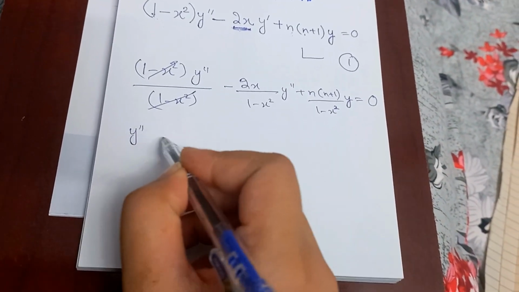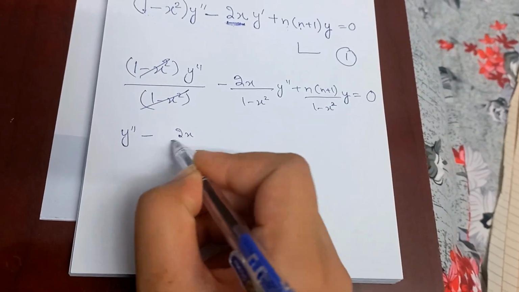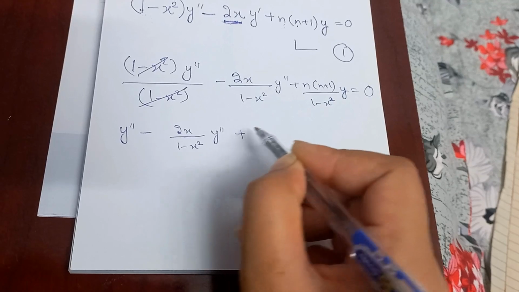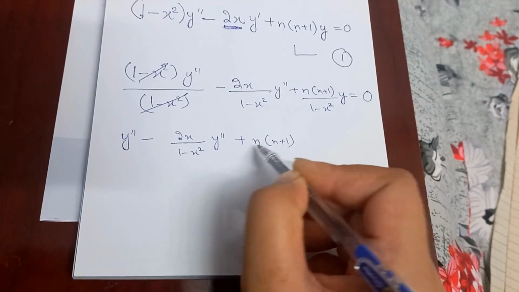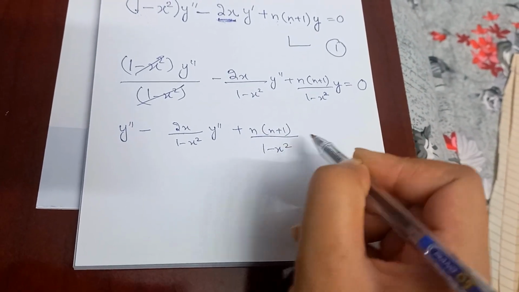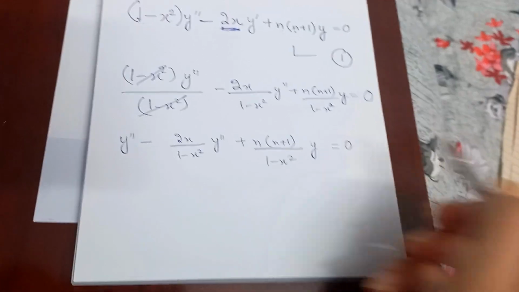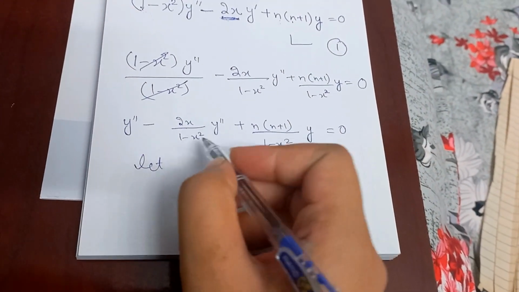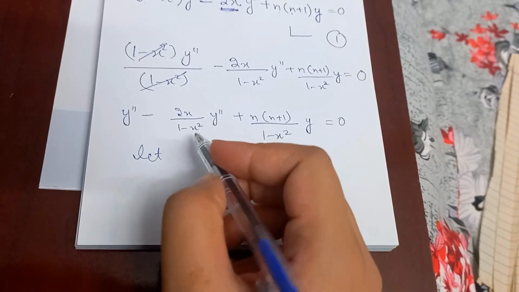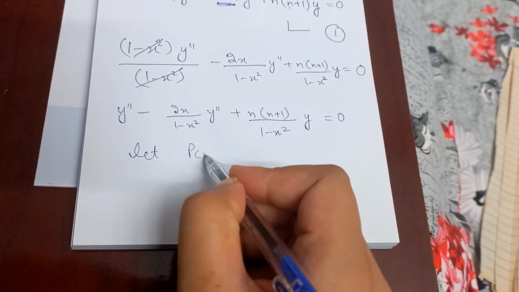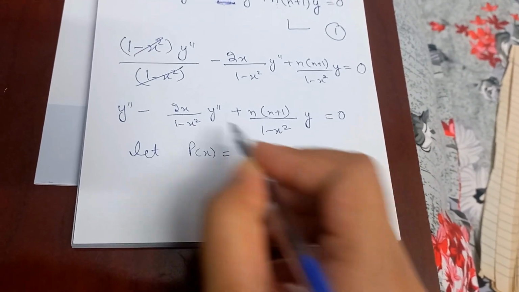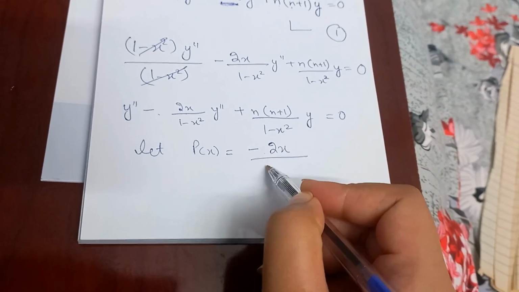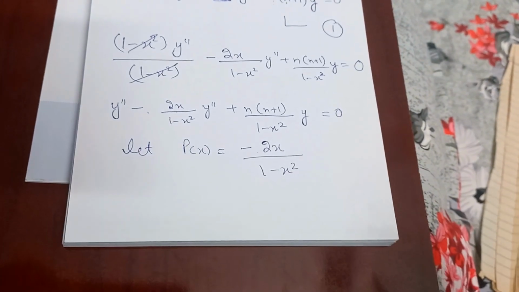It's y double prime minus 2x by 1 minus x squared y prime plus n into n plus 1 by 1 minus x squared y equals to 0. Now let the coefficient of y prime be equal to p of x, including the minus sign: minus 2x divided by 1 minus x squared.